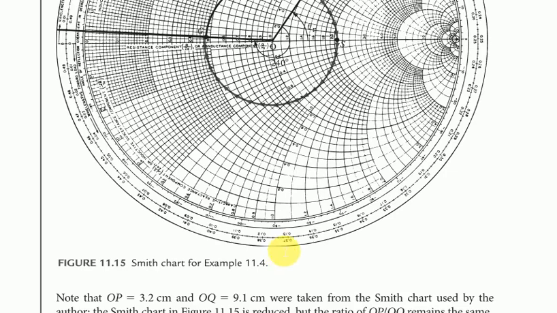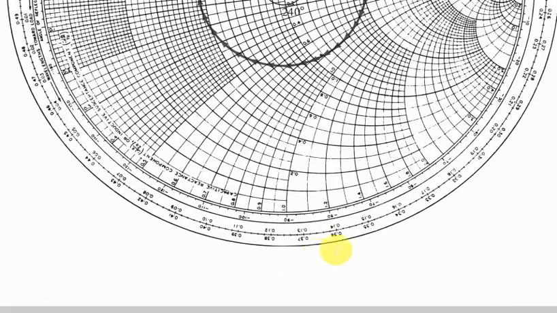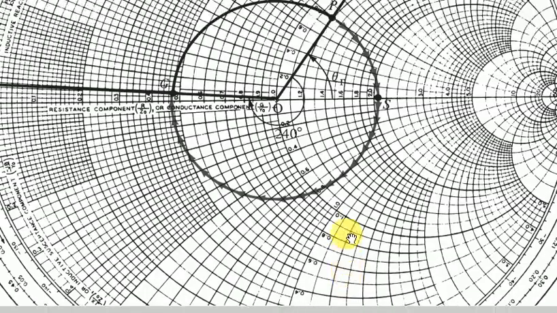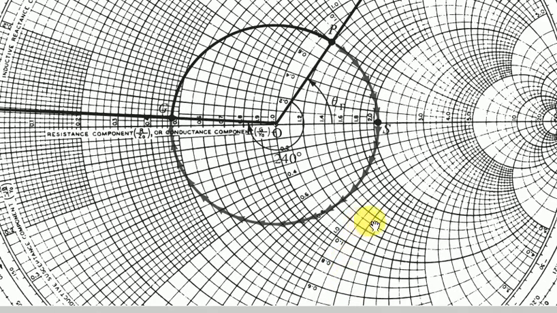Now you can see, let me show you. Okay, now you can see this point intersects the positive gamma r axis slightly greater than r equal to 2.